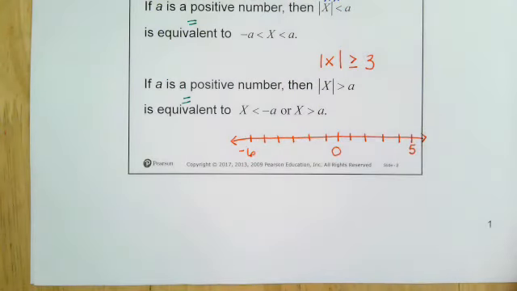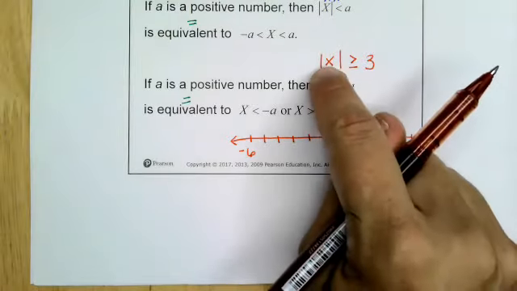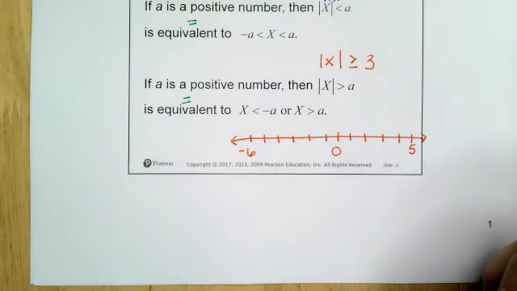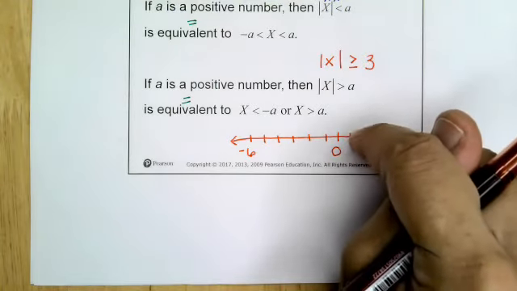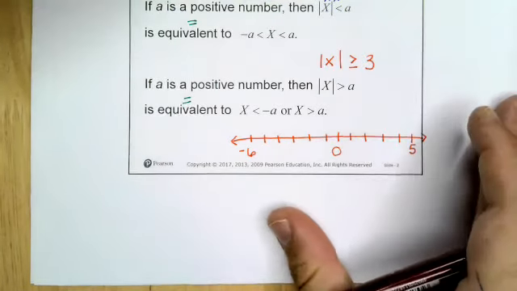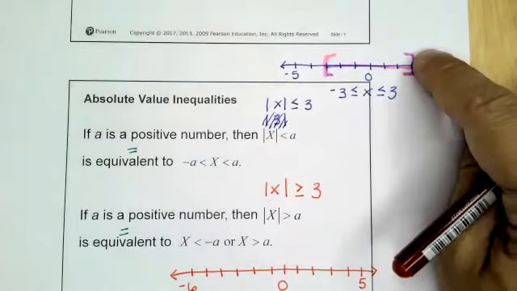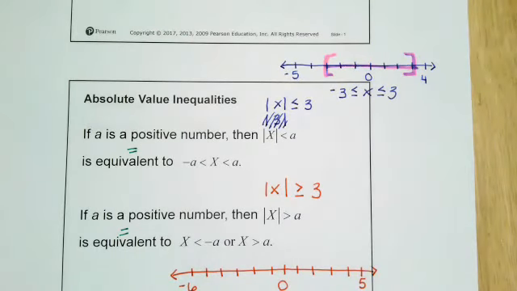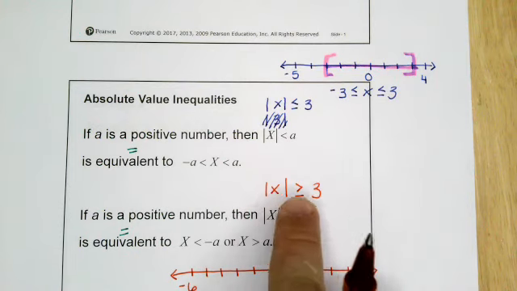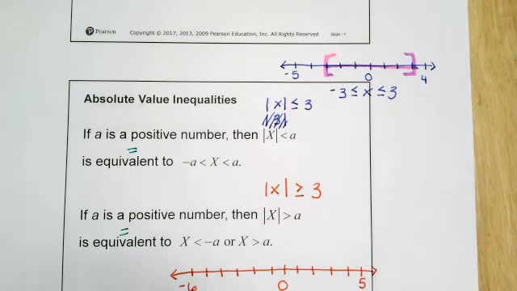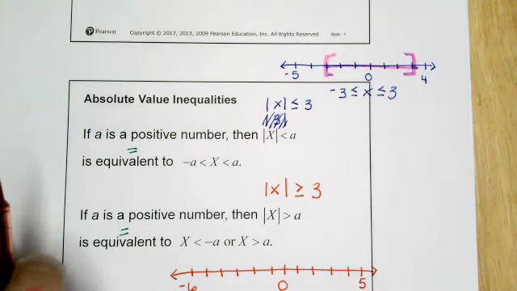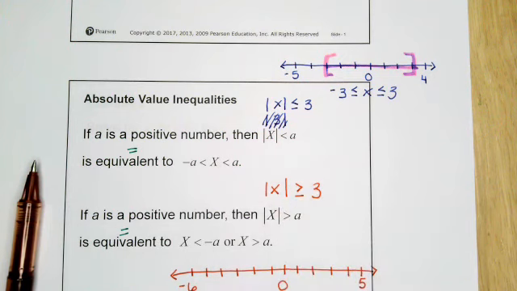Where would it be on the number line if the absolute value was bigger than or equal to 3? It couldn't be the same as this, right? It has to be bigger than or equal to 3, so it's kind of the opposite, right? If the absolute value is greater than or equal to a number, it is going to be all the numbers that are greater than that number, right? Anything greater than 3.